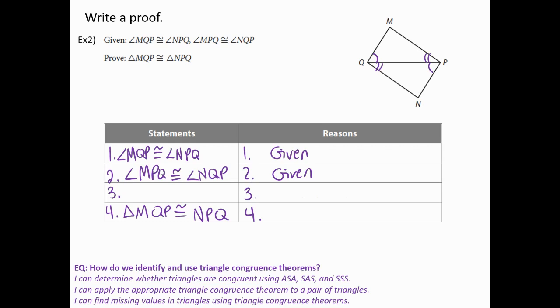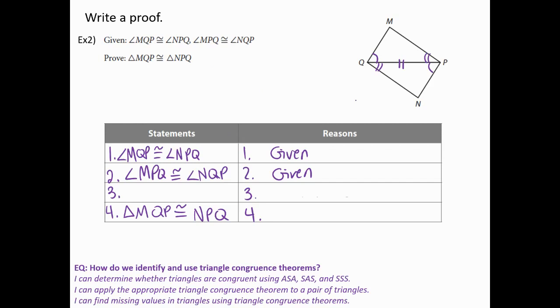What we've learned so far is we can say that triangles are congruent if we know angle, side, and angle. So in our picture, we have two congruent angles. We're missing the side between them, but this side, QP, is actually the same in both triangles. So we're going to use that to our advantage.